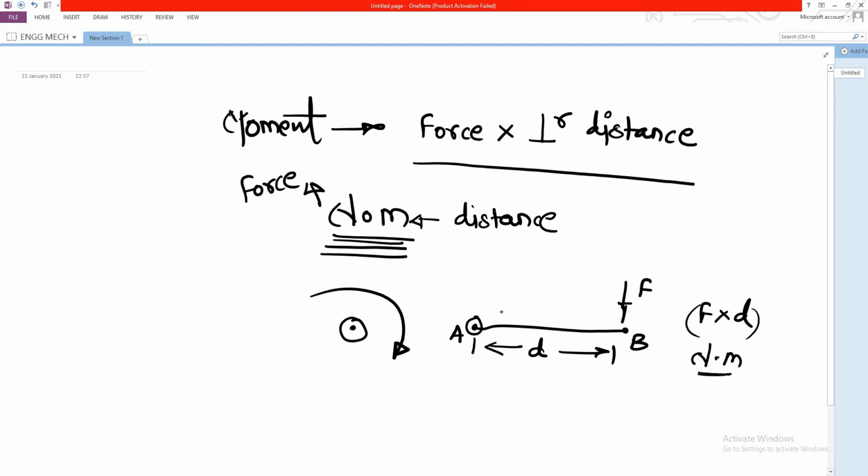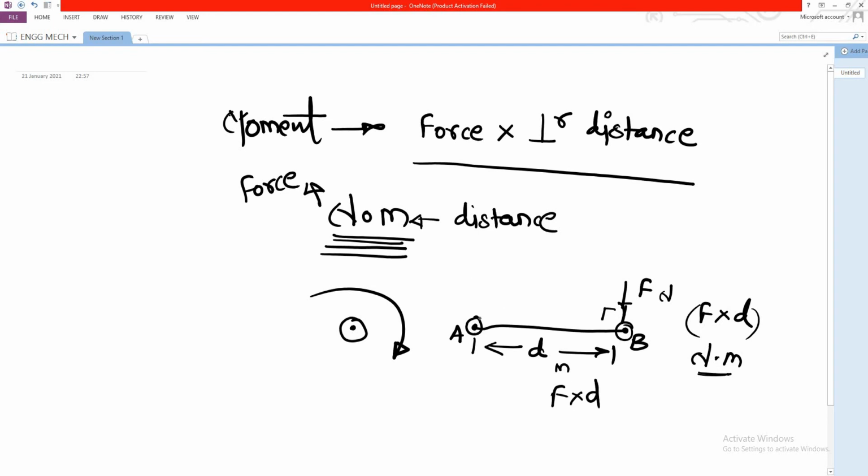To simplify this, we have bar AB, and the length of this segment or bar AB is d. Let's say d meters, and the force is F Newton, which is acting in a perfectly perpendicular manner with respect to this segment at point B, and we are considering the moment from point A. That's why the moment here is going to be F into d.